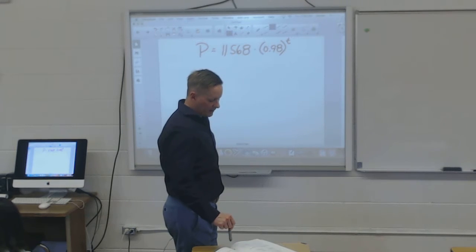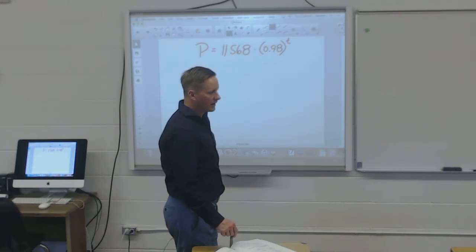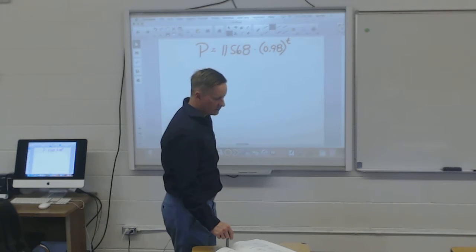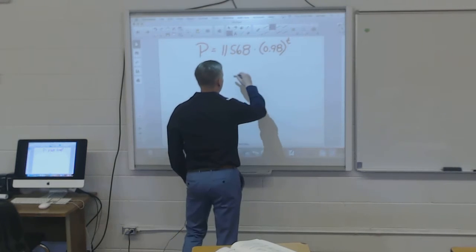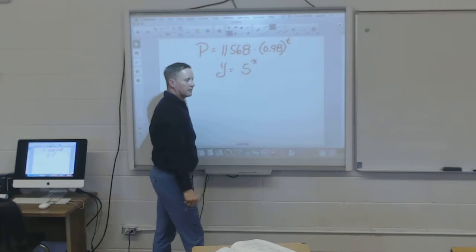Okay, so if your coordinate is 1 and 5, right? So your y value is 5 when your x value is 1. Okay, so then you have to put it in.